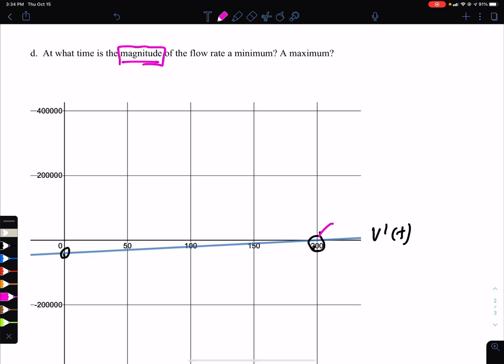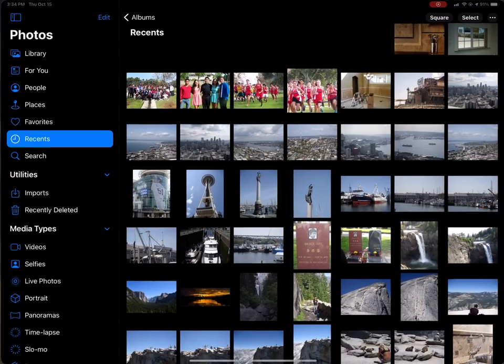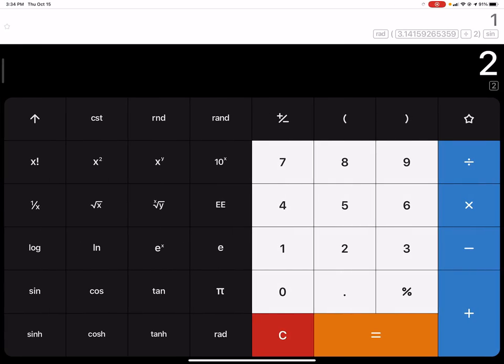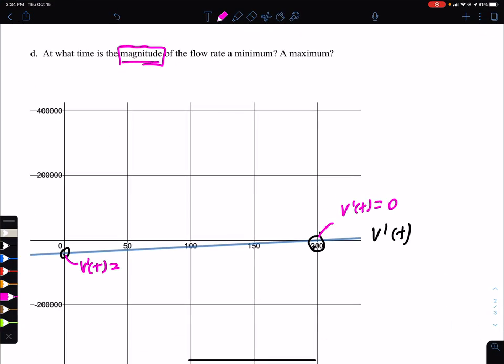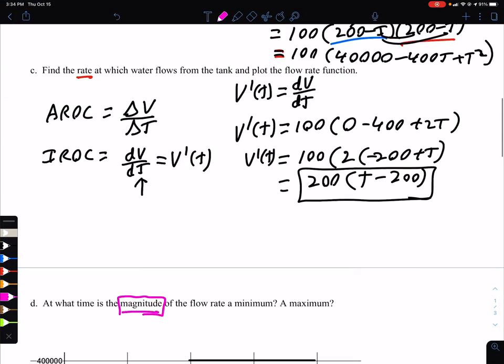Well, at this point, we can see that V prime of t is 0. And at this point, I have to look at my function to remember what it was. Oh, where'd it go? I've lost my notes. Oh, these are them.